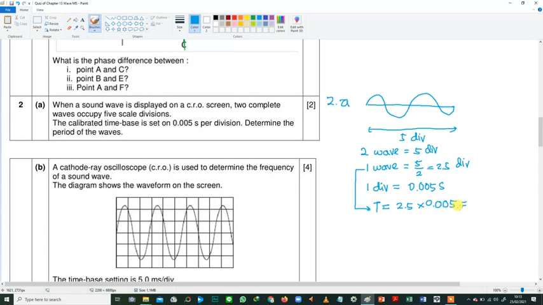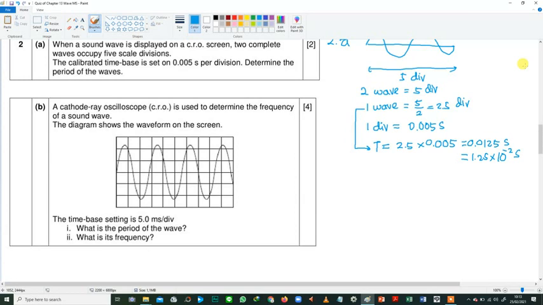If you use the calculator, the answer is 0.0125, and it's already in second. Or you can write it as 1.25 times 10 to the power of -2 second. That is for 2A.